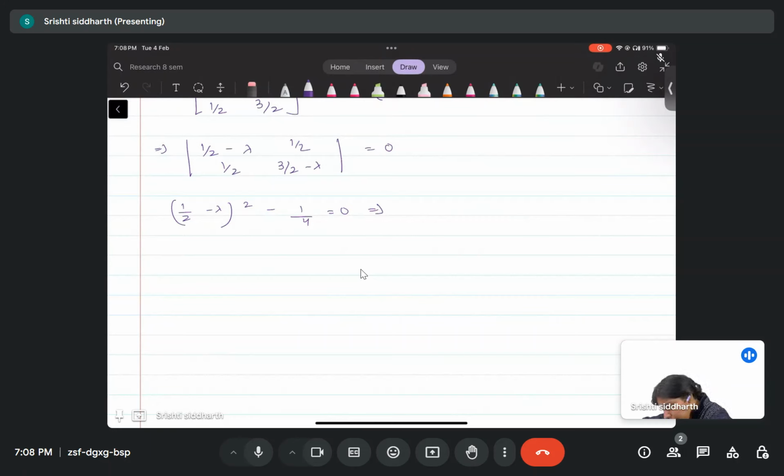Okay, so let's see. Square minus lambda. Check if this is correct.